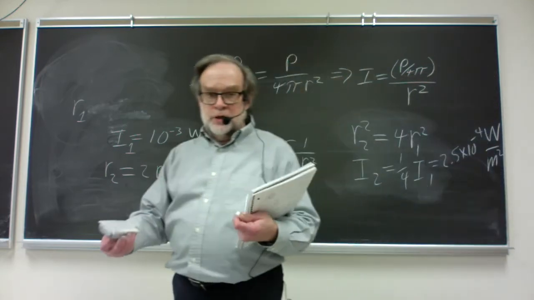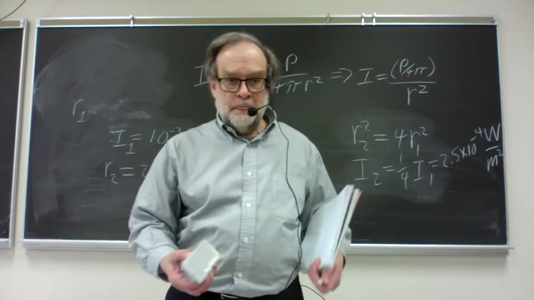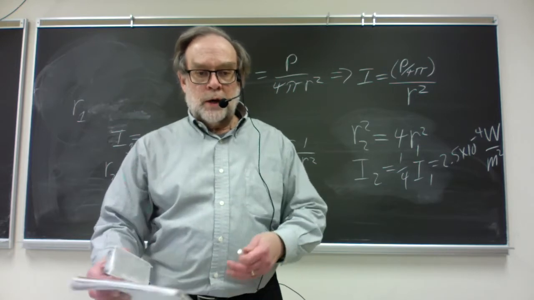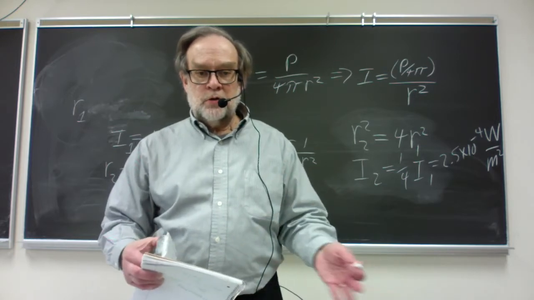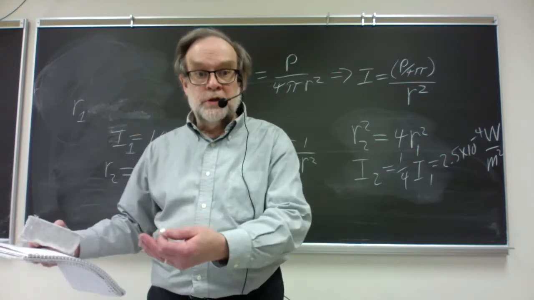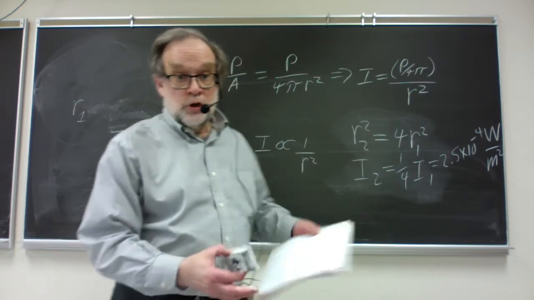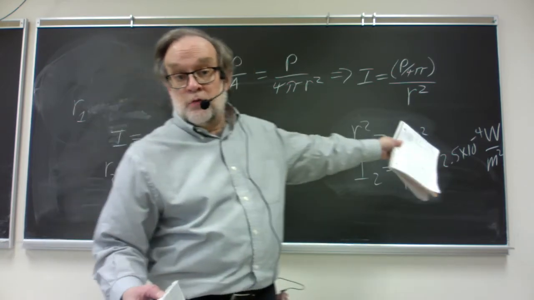And you should be able to think this through going the other way too. If you know how the intensity changes, can you figure out what the different distances are? Here we knew about the different distances and had to figure out the intensity.